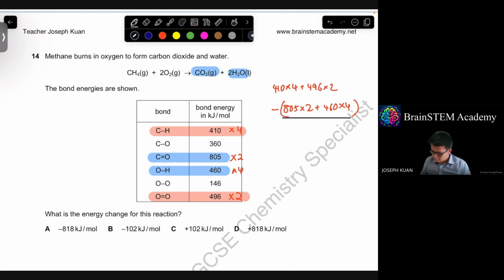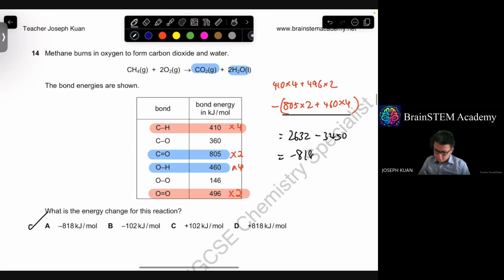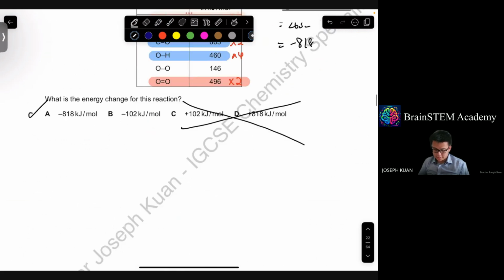This one you have to bracket it. 410 times 4 plus 496 times 2 is 2632. 805 times 2 plus 460 times 4 is 3450. So 2632 minus 3450, you get negative 818. So A is the answer. And also this is a combustion reaction. If you happen to get an endothermic symbol, something is wrong. So from there you can guess it's either A or B.